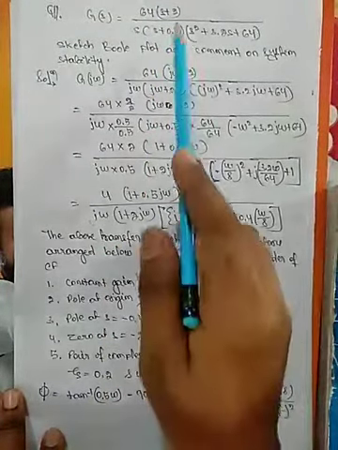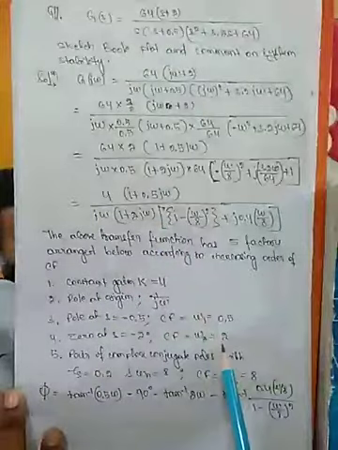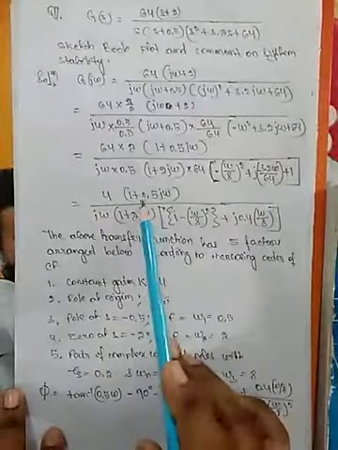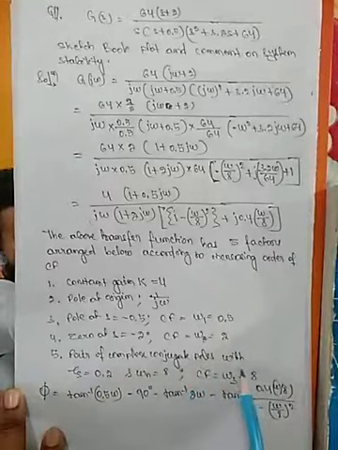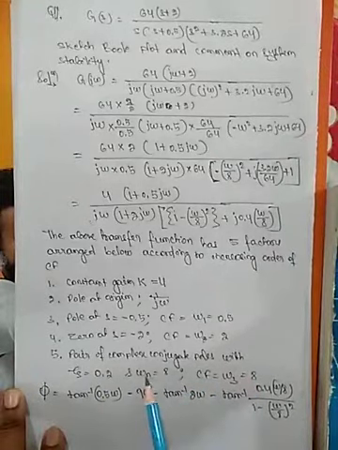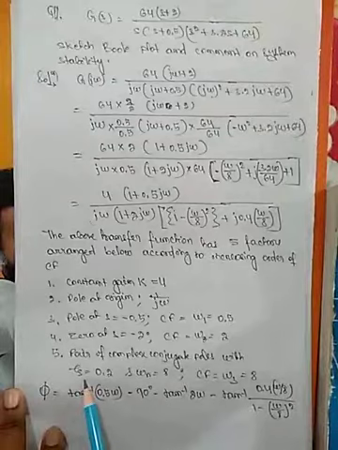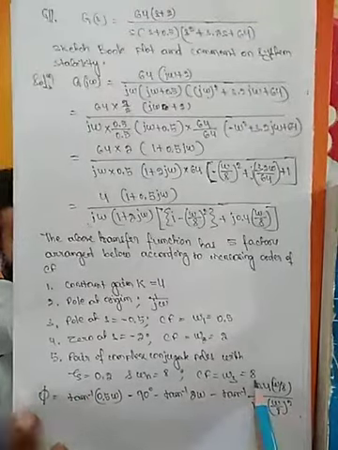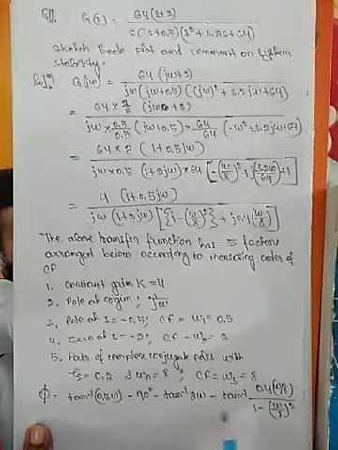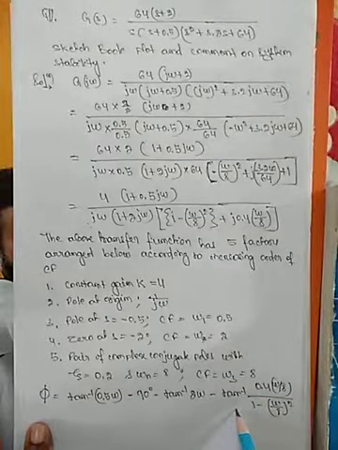Then zero at -2, corner frequency is 1 by 0.5, that is 2. And the pair of complex conjugate poles has omega n is 8, damping ratio is 0.2, and corner frequency 8. This equation represents the phase angle.